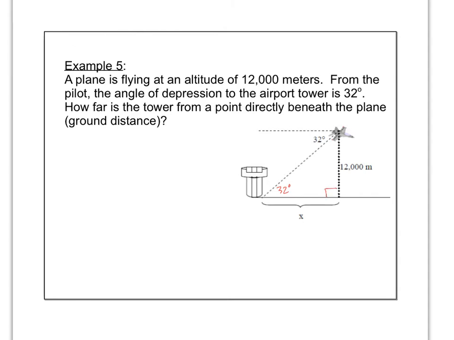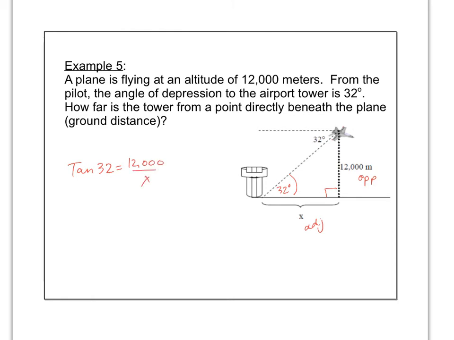Go ahead and see if you can set up the equation for number 5. Go ahead and pause the video. So if you're choosing tangent, tangent 32 equals 12,000 over x, you are correct.